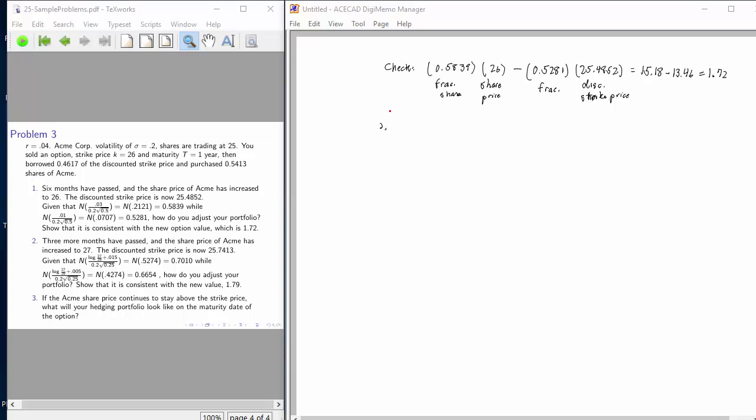I have a ratio of strike price and share price that's different than it was before. And by doing the same old calculation, best done on a computer, I now need to own 70% of a share, which is worth $27, and I need to borrow a larger fraction of the strike price.